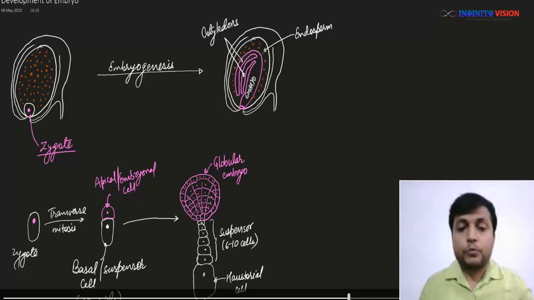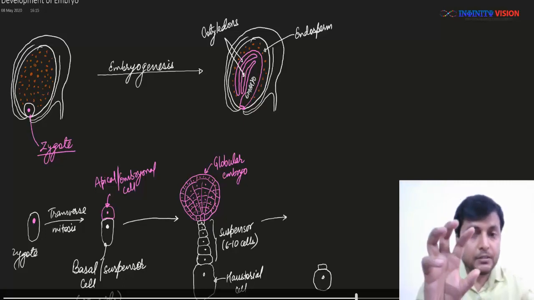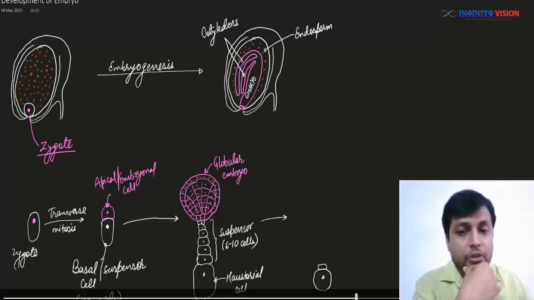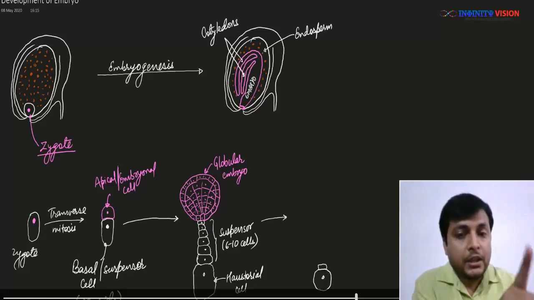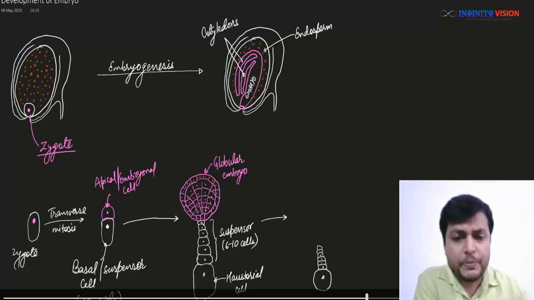Great. Now what happens? This whole pink circular or spherical structure is called globular embryo, and then there is a suspensor. Now what happens is further there is development and the suspensor remains like that, or it may grow a little bit more.